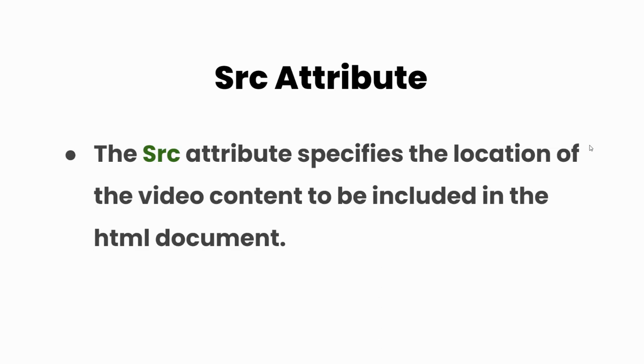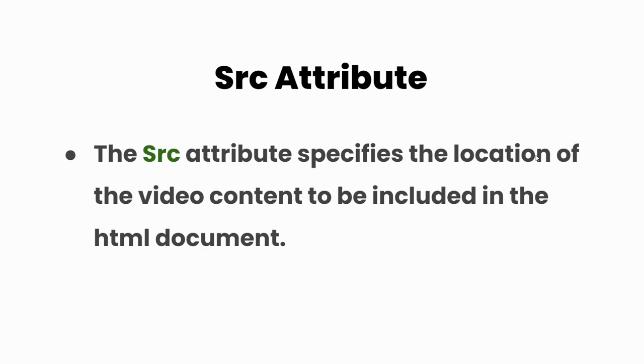So let's move. We have the very first attribute, which is the source attribute. The source attribute specifies the location of the video content to be included in the HTML document. We all know what the source attribute is, and we also know that this attribute appears in the image element.